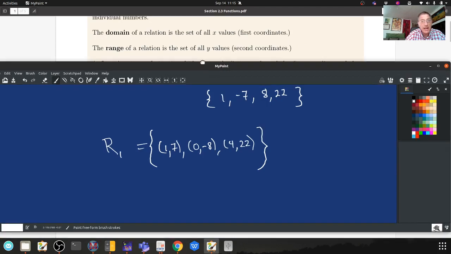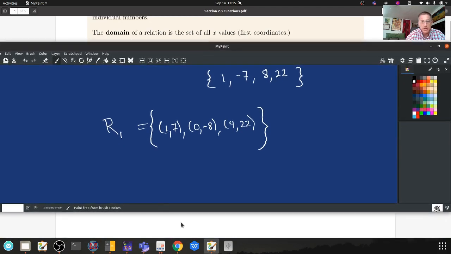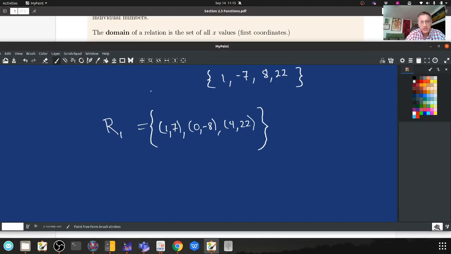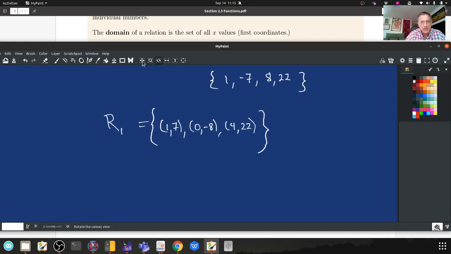So here we have some other concepts. So let's just go with this right here. This is my relation right here. Every relation has a domain. And let's write the domain of R1. So that's the domain of this relation.